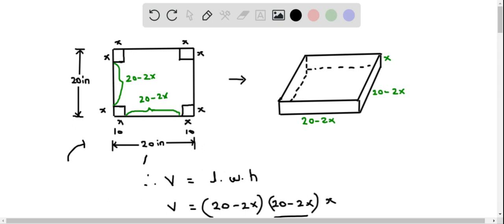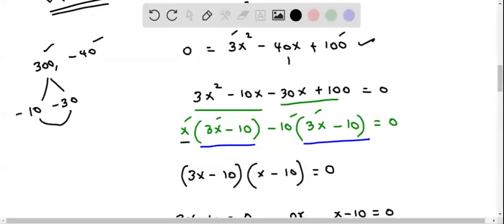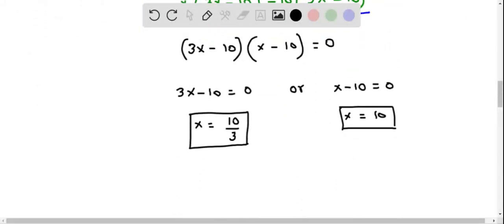So if we remove 20 inches from 20, it will be 0. So there is no cardboard material available to form the box. So x equals 10 is not possible. We ignore this one, and we take 10 by 3, which is approximately 3.3.